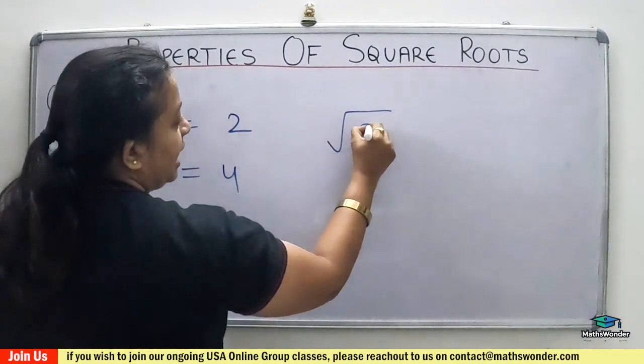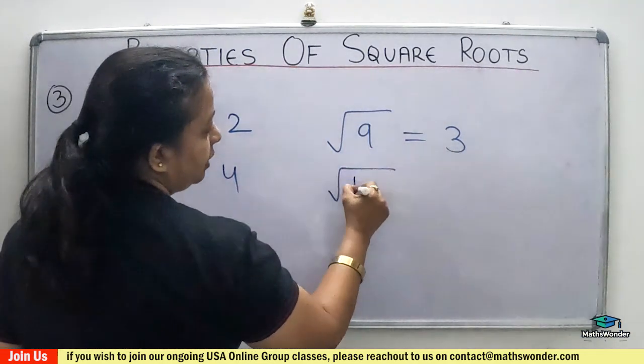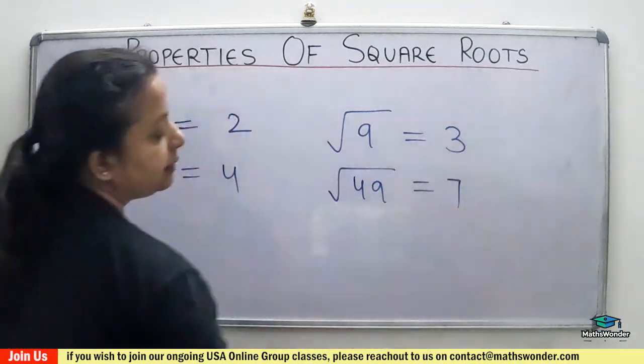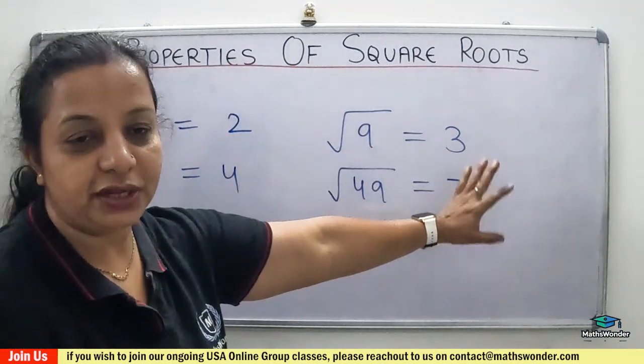Suppose we have 9. 9 is odd, so the square root is odd. 49 is odd, so the square root is 7, which is odd. Understood? So the square root of an even square is even, the square root of an odd square is odd.